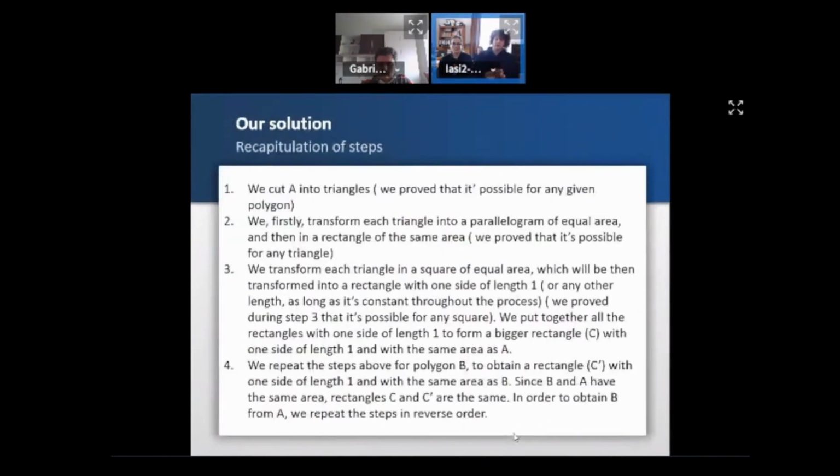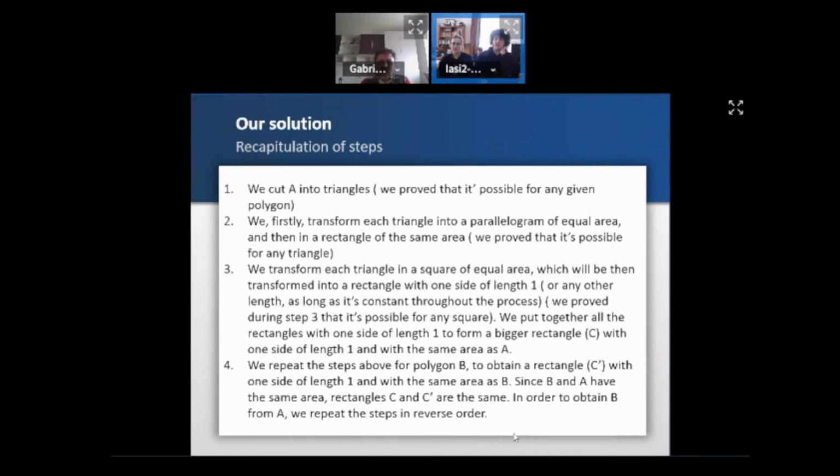So to summarize and to show the full method for transforming any polygon A into any polygon B, we first cut A into triangles. Then we transform each of those triangles first into a parallelogram and then into a rectangle. We transform each of those rectangles into a square of equal area, which we then transform into a rectangle with the same area and a side of length 1.